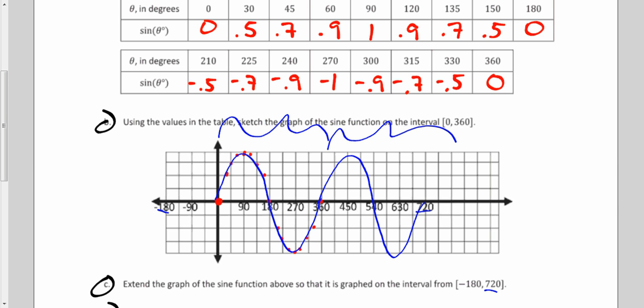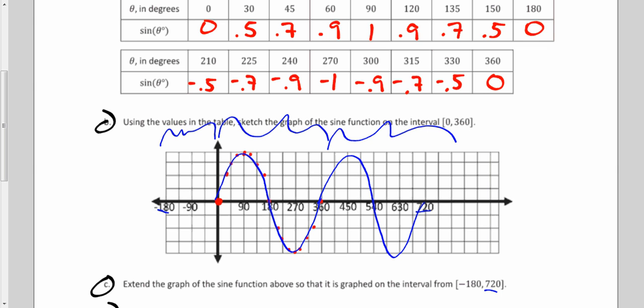What does it look like in this part? What does it look like on the negative side of 0? It's going to be the same.